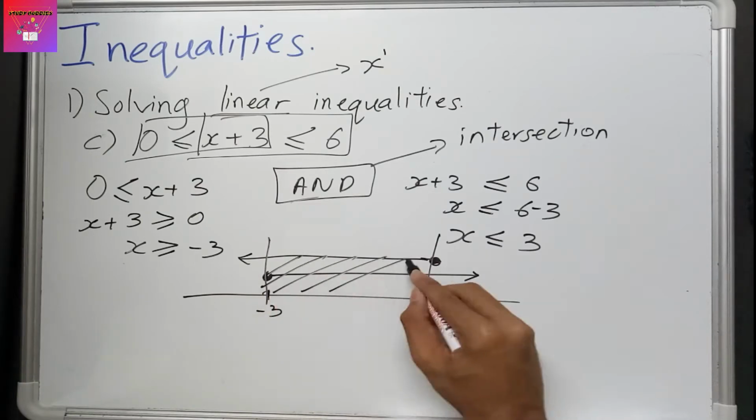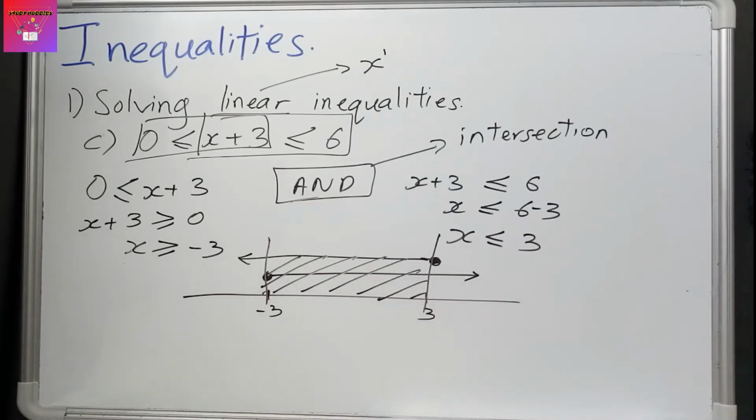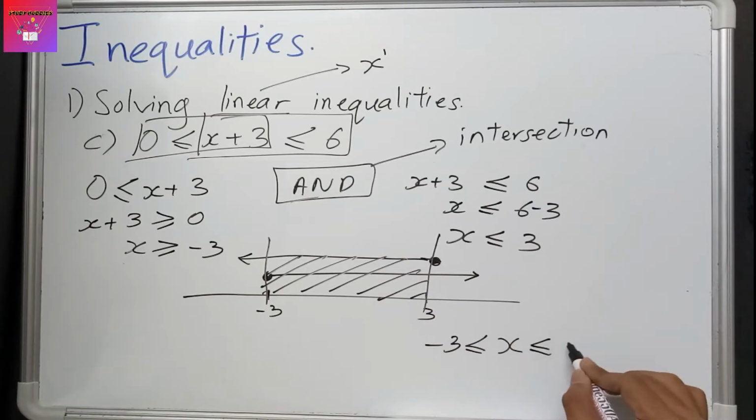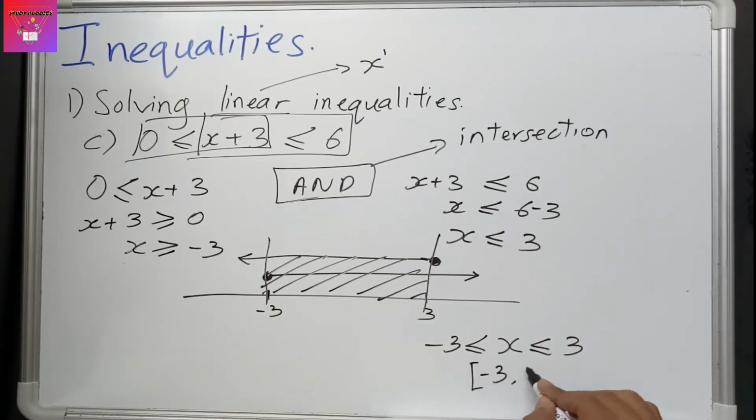So this part serves as the intersection for this whole question, and thus the answer for this question is x is in between -3 and 3. It can be written in this way, or it can be written in an interval format as well. To know more about interval format, please watch my previous video on inequalities.